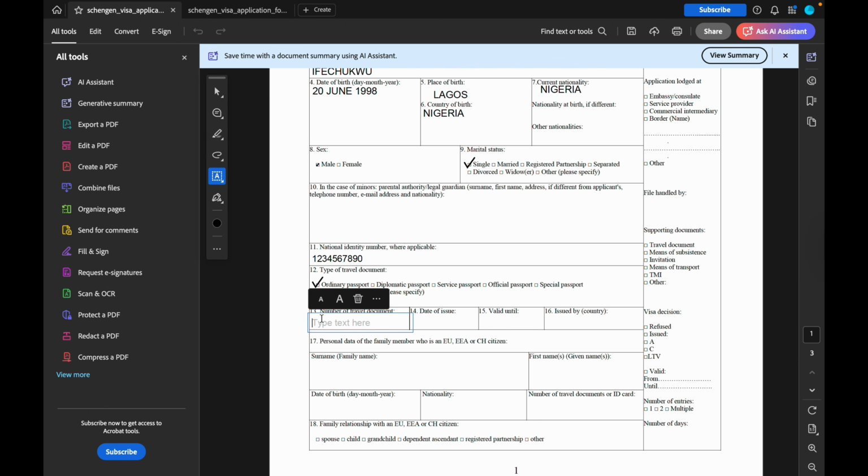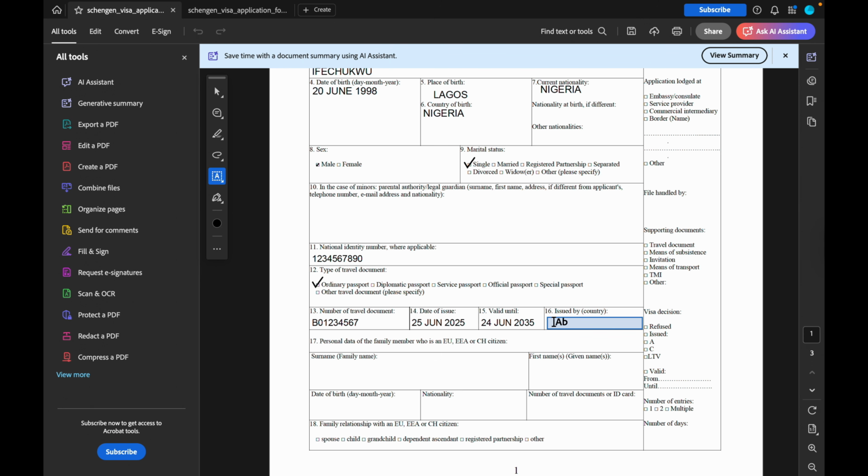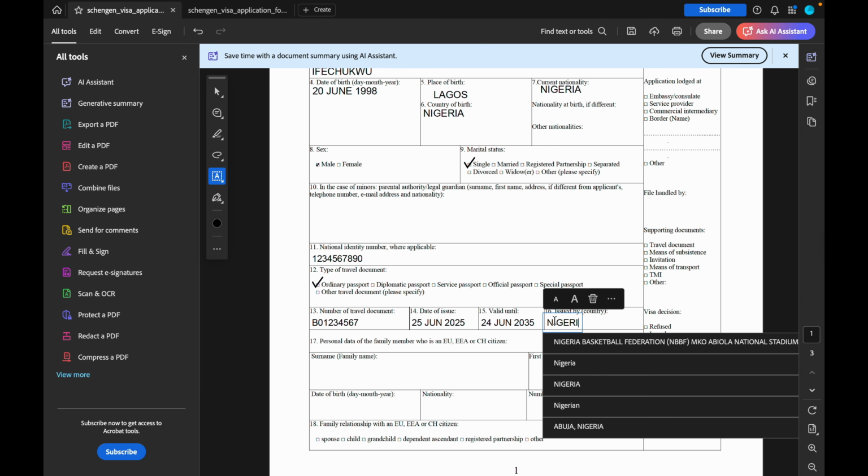Number on travel document, which is your passport number, in this case B0123 456 78 457. Date of issue, let's just choose 25th June 2025. Valid until, date of expiry, 24 June 2035. Issued by country Nigeria.